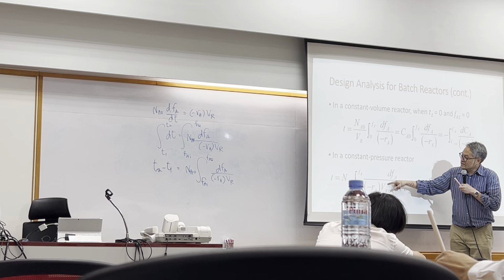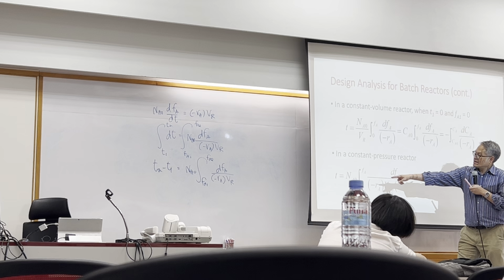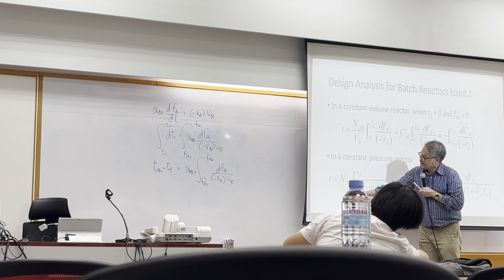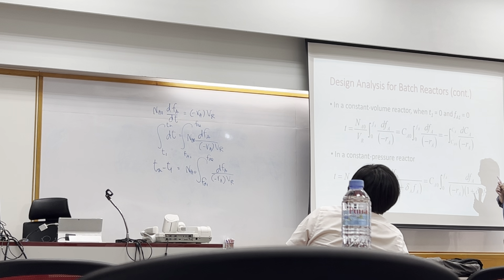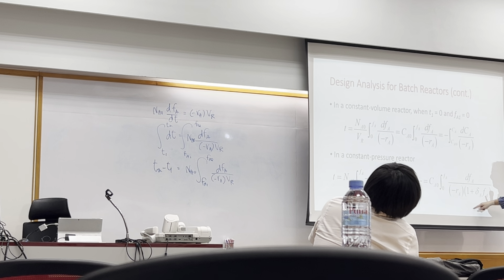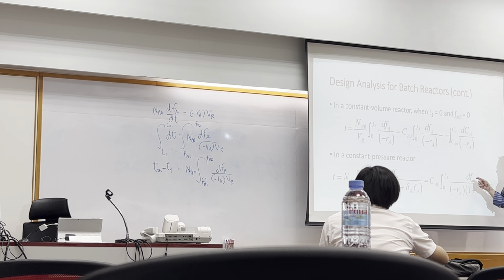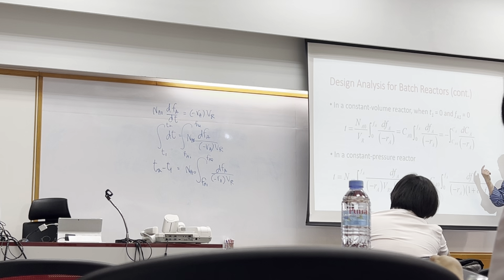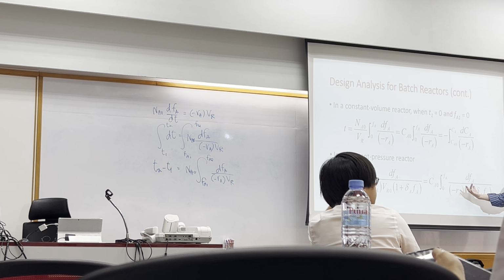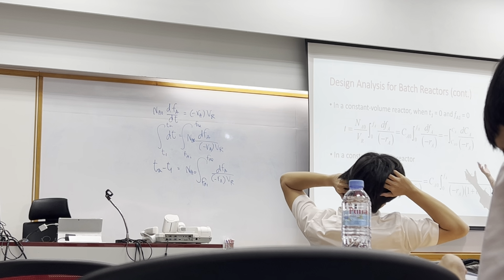Then you can pull this out of the integral. You have NA divided by VR0, moles divided by volume, you get concentration, right? And then you have this thing inside the integral. So the integration will be a little bit more difficult, because we have a bunch of terms, right? You might need to do partial fraction.